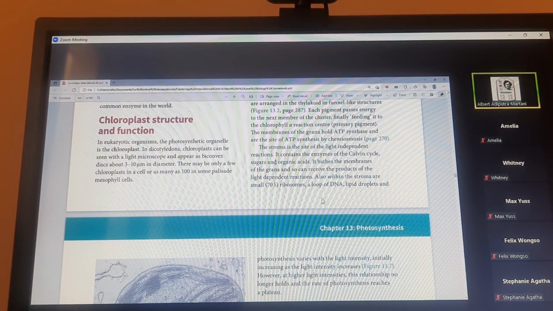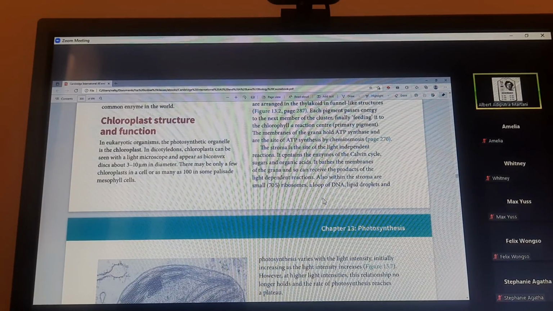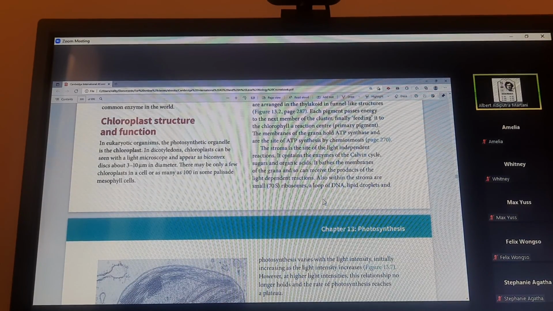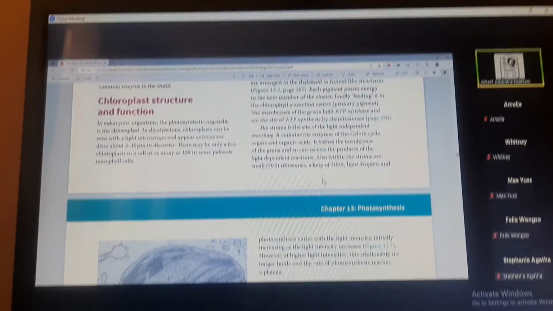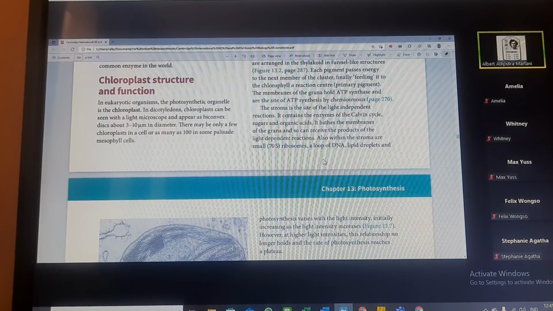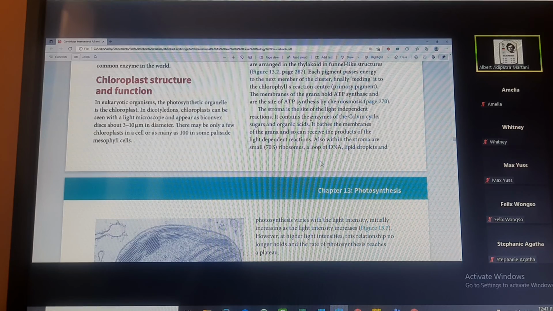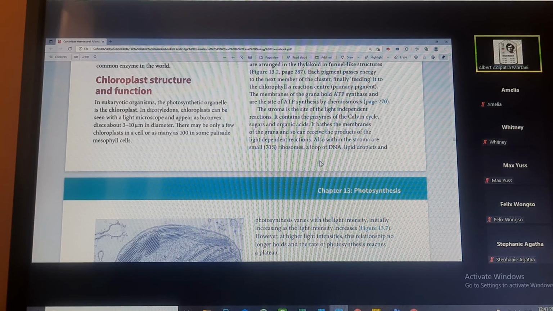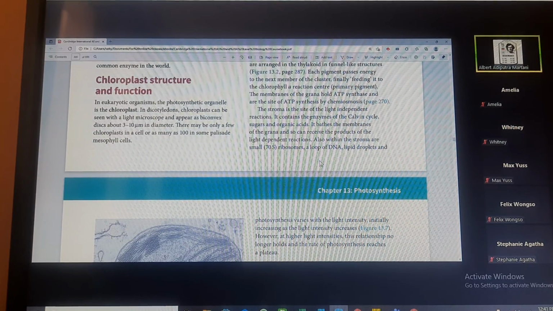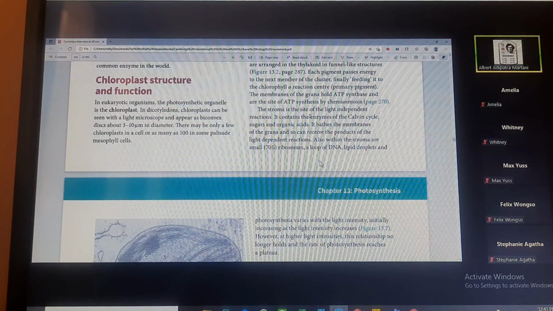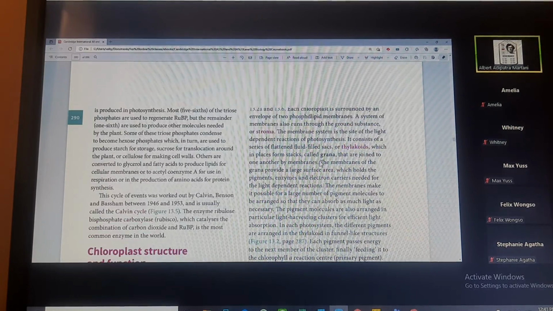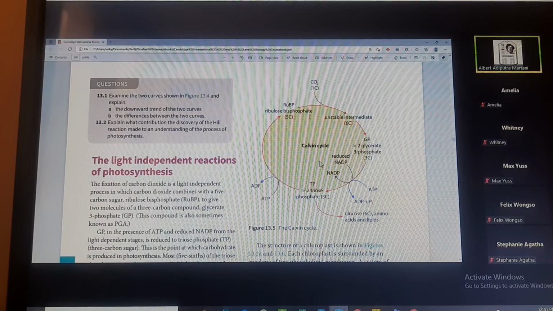Now, if you were asked in the exam paper what kind of enzyme is found in the stroma? In the stroma there will be a lot of enzymes, hundreds of them, but at least you guys know one of them. That is the enzyme that helps the Calvin cycle at the very beginning of the cycle. That is rubisco.